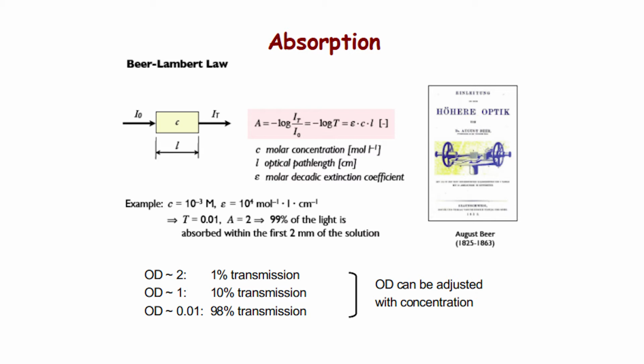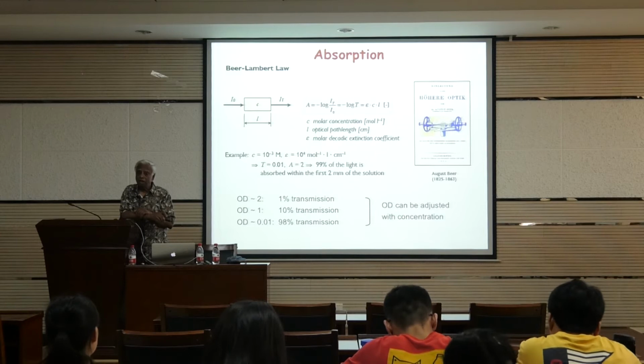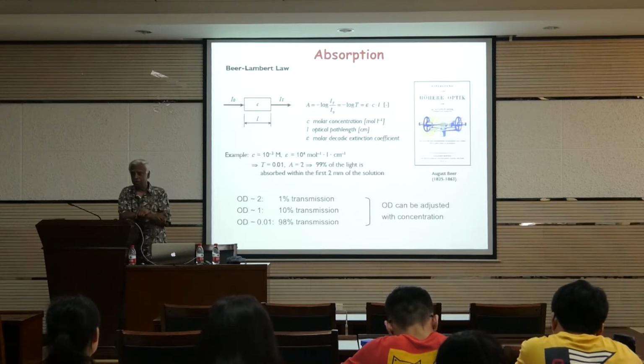That is called the absorption coefficient. How much light that compound is absorbing is measured by the absorption coefficient, which is controlled by a couple of factors. These are the factors that we want to know. It depends upon what is called the extinction coefficient, the concentration, and the length of the cell.